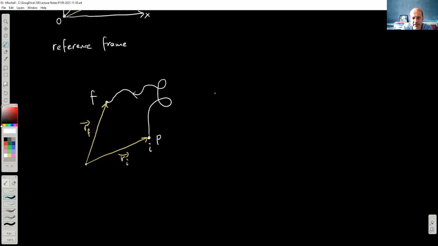And the displacement is basically just the change in position. So therefore, it's the final position minus the initial position. All right, we have the usual difference definition in here.